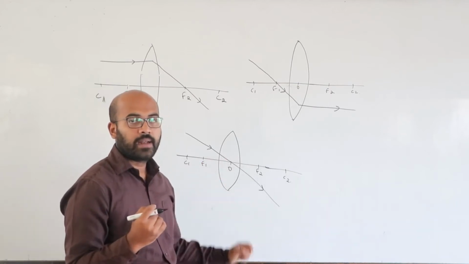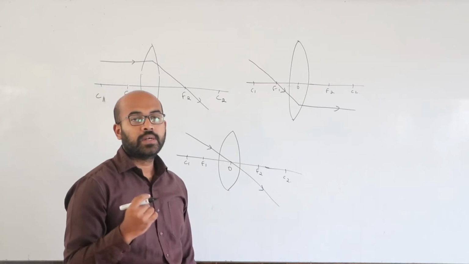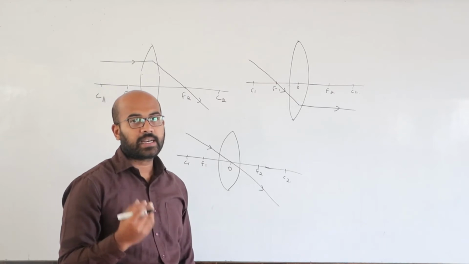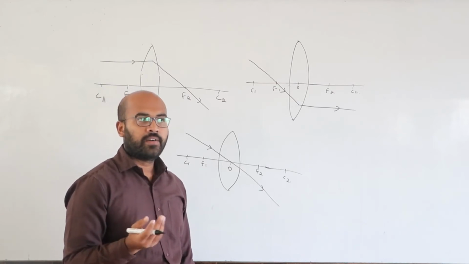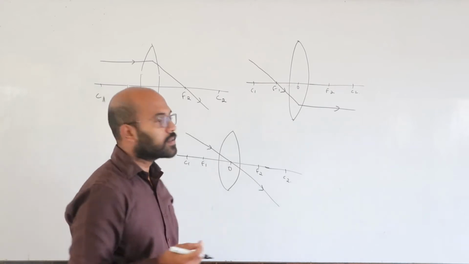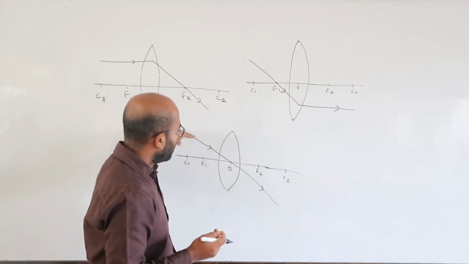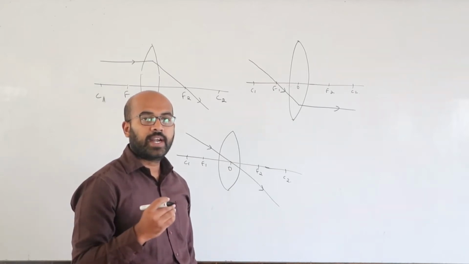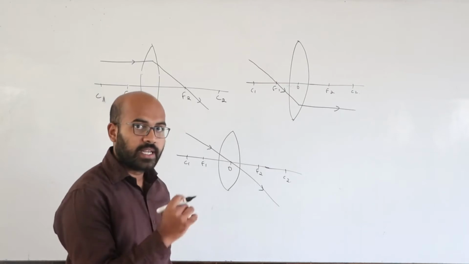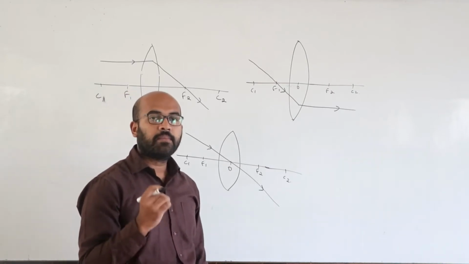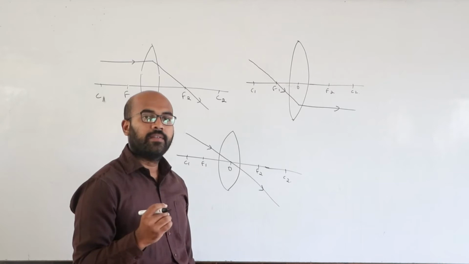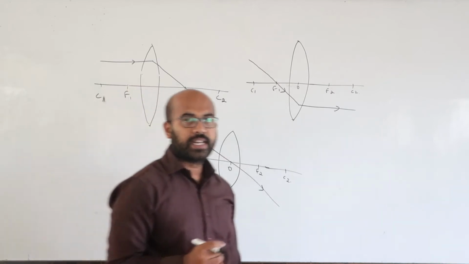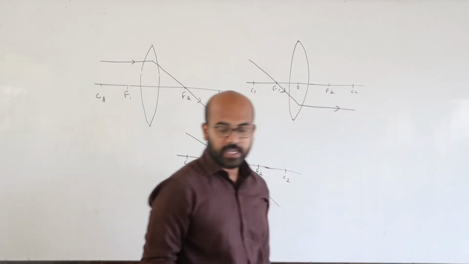But why do we take it parallel? This is something related to the refraction that is taking place in a rectangular glass slab. So we'll see that maybe in the later classes. For now, just remember that the light ray passing through the optic center goes straight without getting any deviation. In reality there is some deviation, but we'll take it in the same straight line. Okay, so these are the basic 3 ray diagrams in a convex lens.